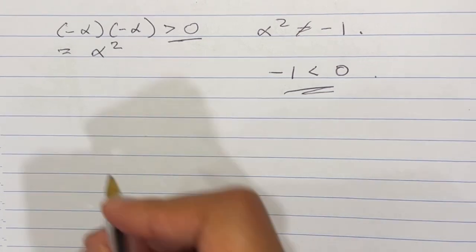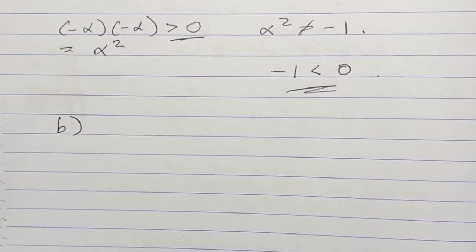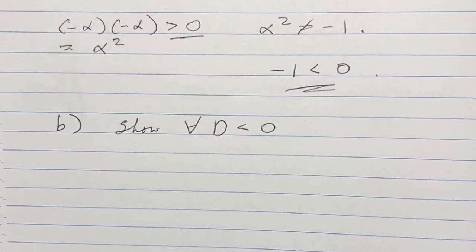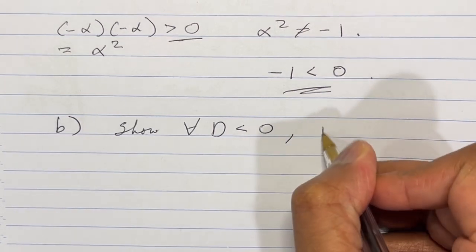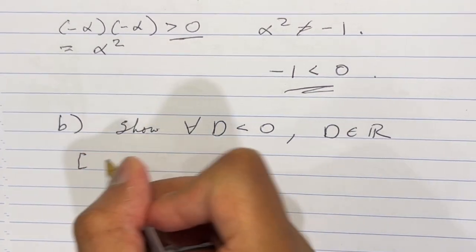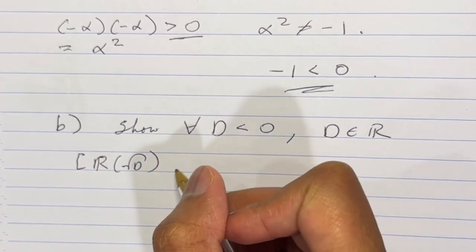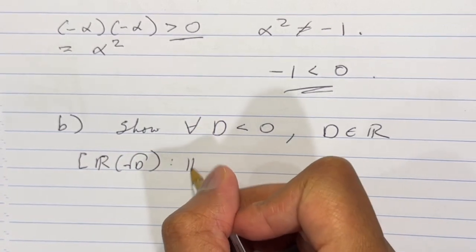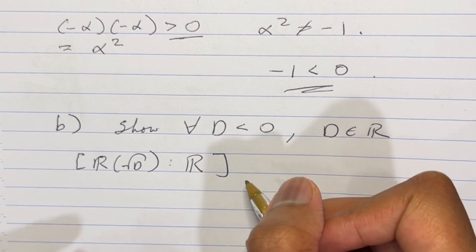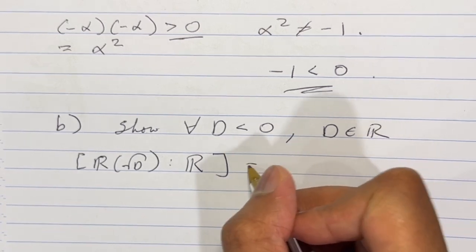Okay. So the second part, part B, it says show for all d less than 0, where d is a real number, that the degree of the extension R adjoin square root d over R, where R is the real numbers, is equal to 2.